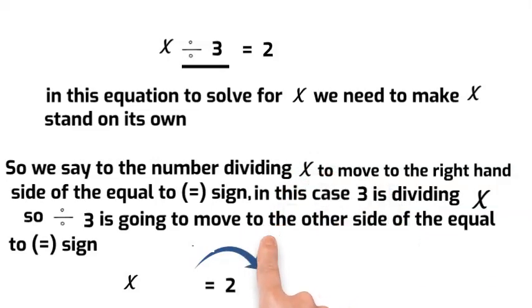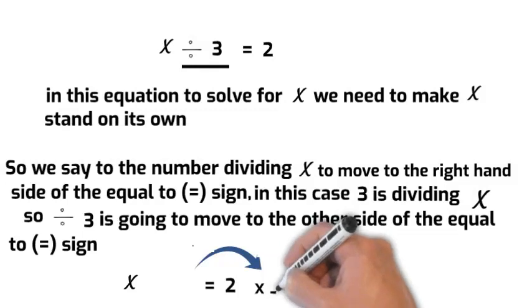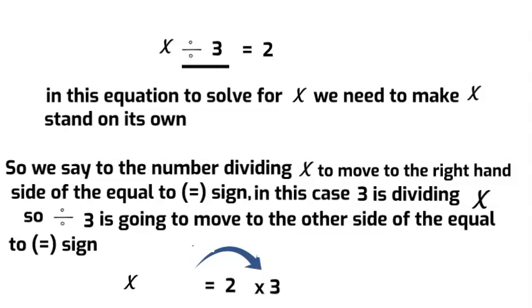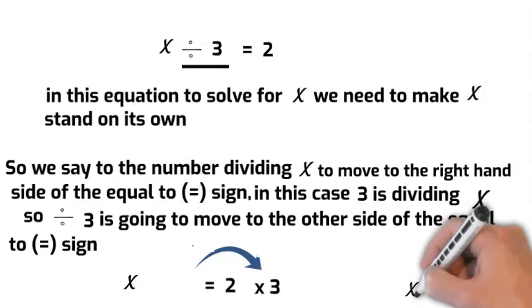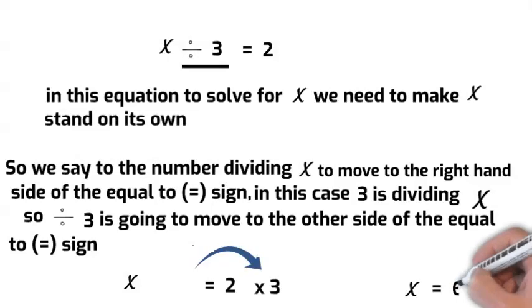It crosses the equal to sign and changes to times 3. We have 2 times 3. 2 times 3 is equal to 6. x is equal to 6.